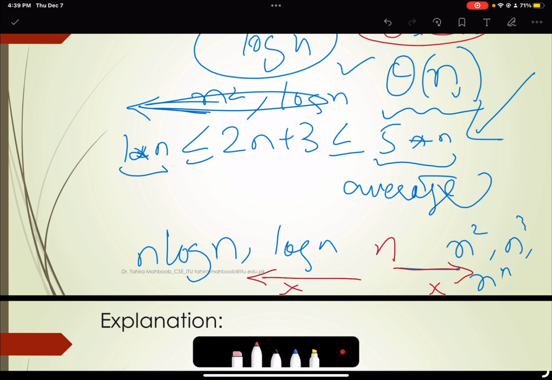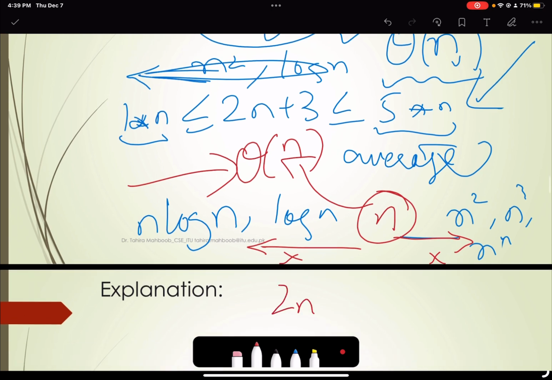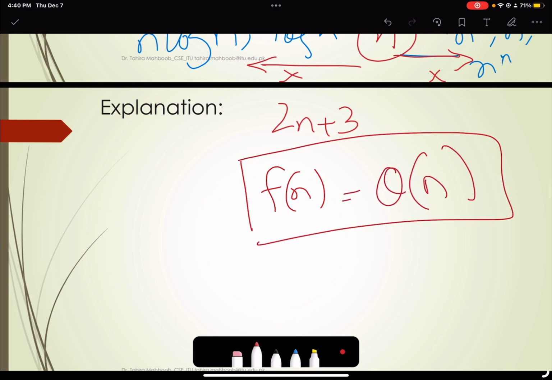But in the case of n, this class of function satisfies this theta value for this function. So the average case for this function f of n, your theta, belongs to the class of theta n.